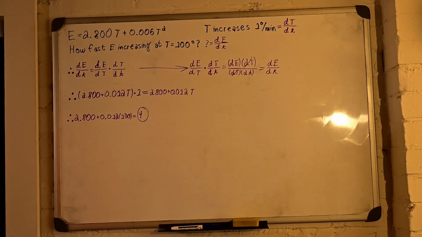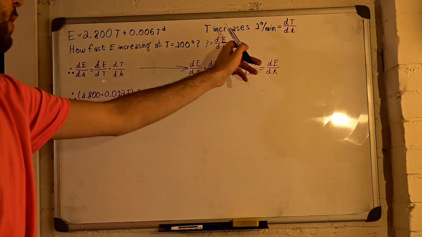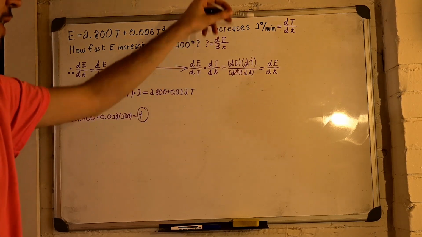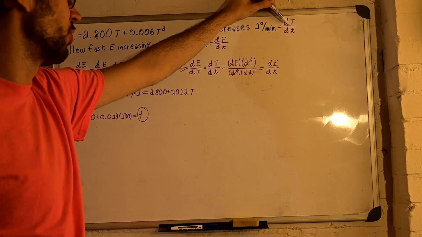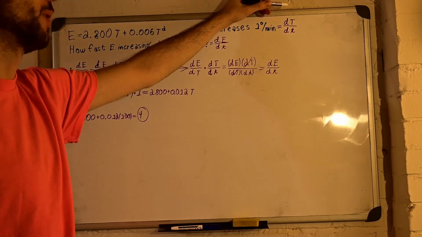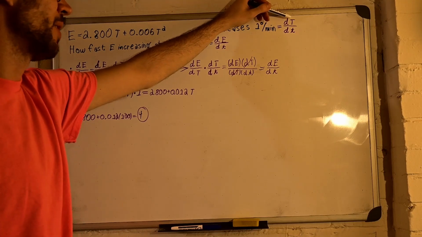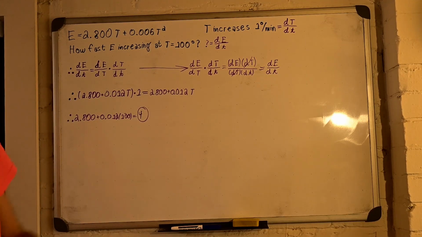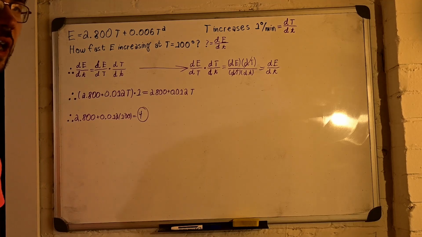So first of all, we know this right here. If the temperature is increasing by 1 degree per minute, that is the derivative of temperature with respect to time. Sorry, it's a bit confusing: capital T, lowercase t. Capital T is temperature, lowercase t is time. So we have the relation of temperature to time.